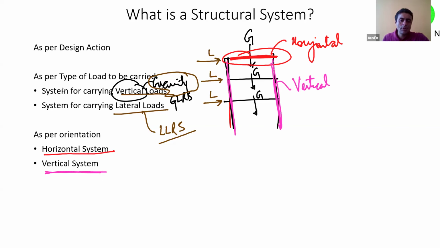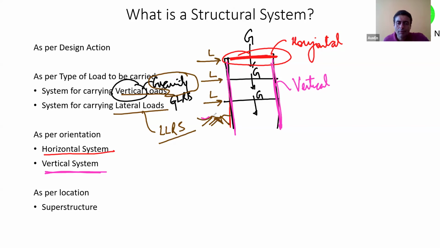Another classification we could have is as per location. As per location means generally the system that we provide below ground is called what?